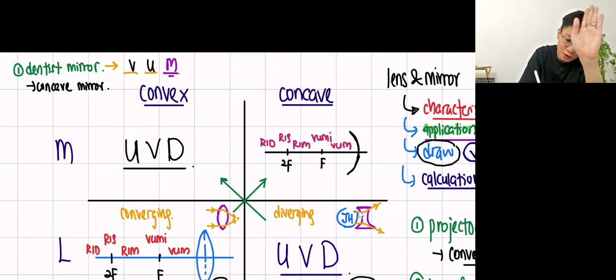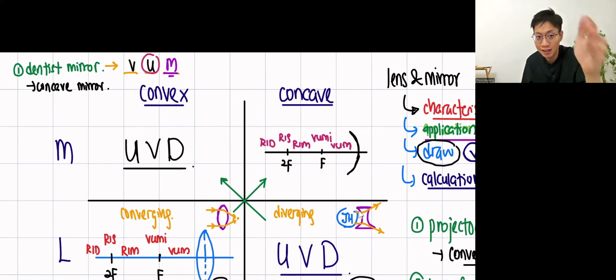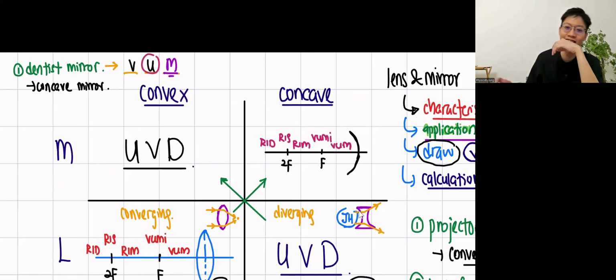So you want it to be upright. Understand or not?